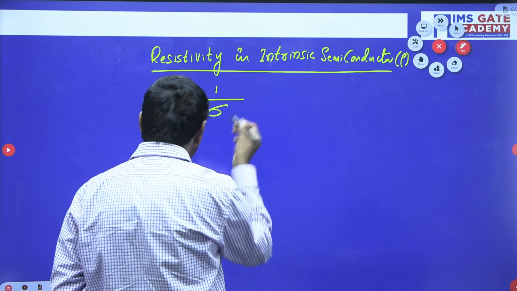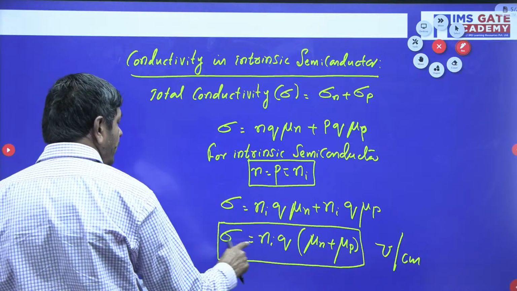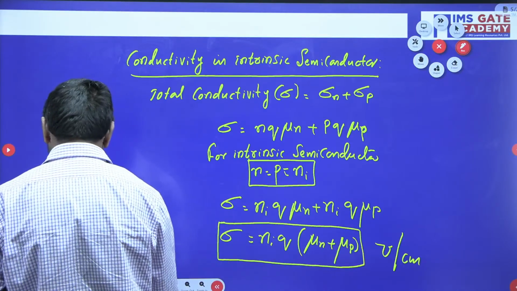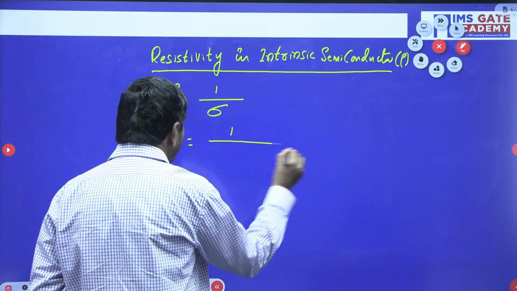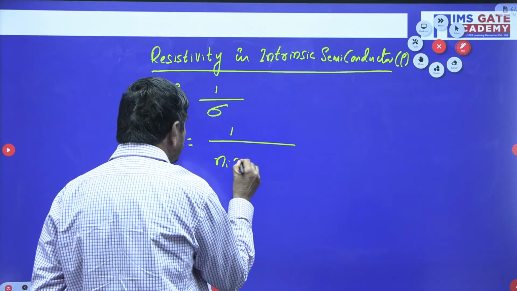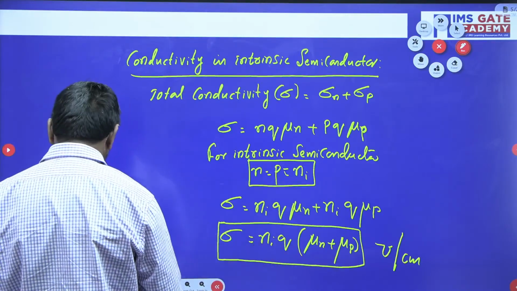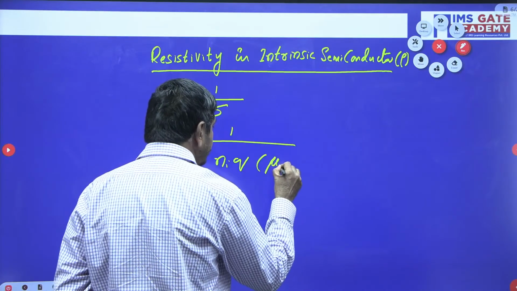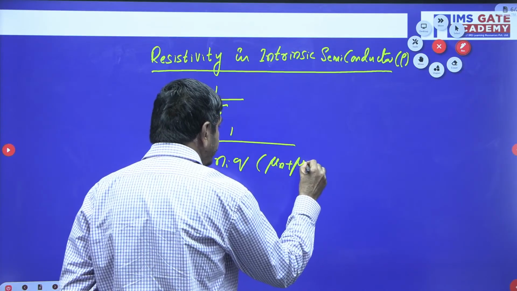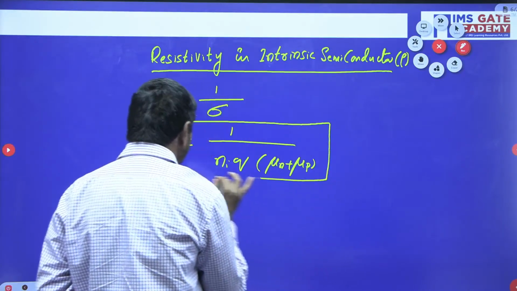Sigma here means intrinsic only, sigma i, which is Ni into q into (mu n plus mu p). So rho equals 1 by Ni q (mu n plus mu p). Yes, this is the formula we should apply to find the resistivity.